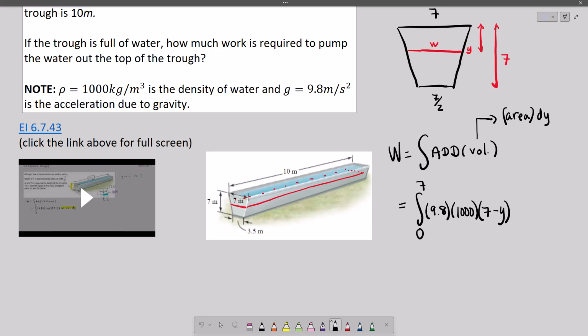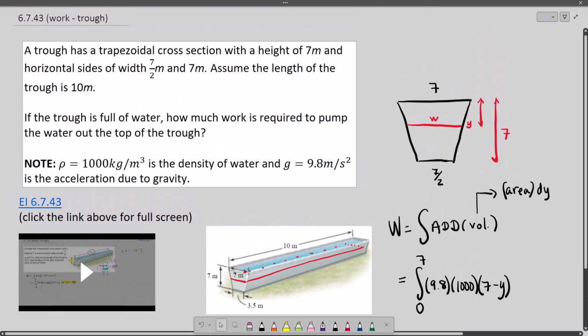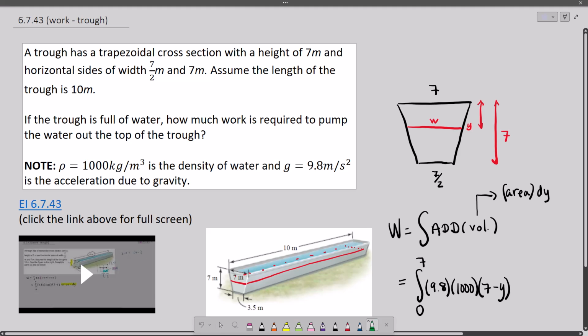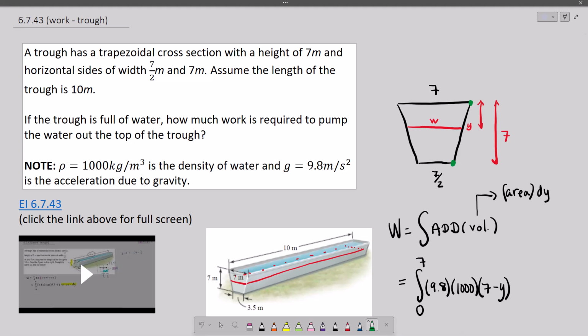Hopefully it's clear that the rectangles all have different area because we've got that trapezoidal face. That W is changing depending on where that rectangle is. So it's a function. In order for us to calculate the equation, we are going to need the equation of this line segment right there.